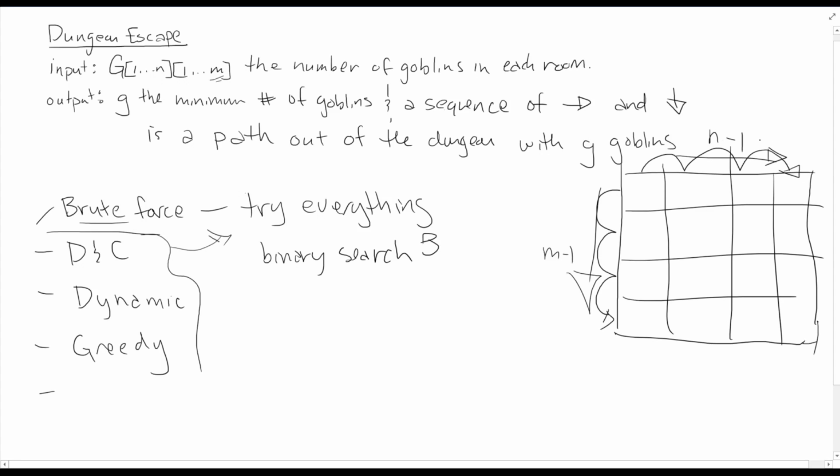Well, n or m depending on how we set up our dimensions, but rows and columns here we have n minus 1 and m minus 1. Meaning the length of the path is going to be n minus 1 rights plus m minus 1 downs, which the total number of steps is going to be n plus m minus 2 steps.